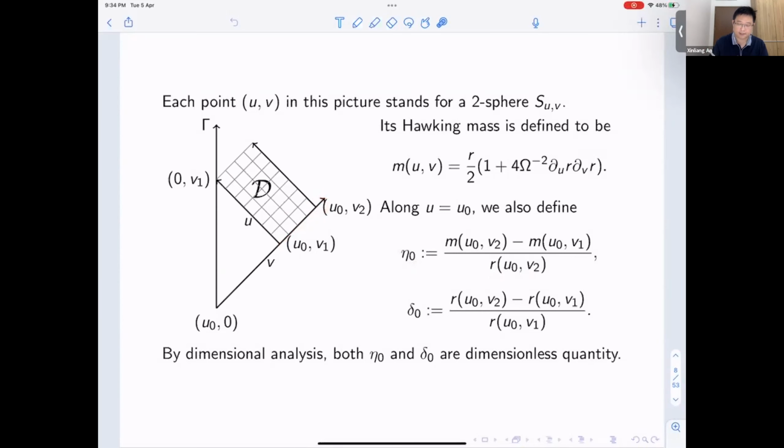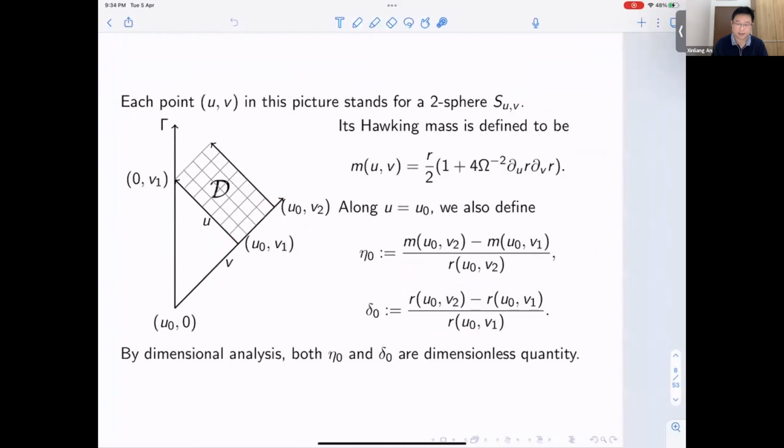Intuitively, this tells us how much mass is, on average, sent out from the incoming direction. We also define another dimensionless quantity, which is called delta_0. Delta_0 roughly tells us the change of the geometric shape. It is the difference of this radius over this radius, and this is defined here. Both eta_0 and delta_0 are dimensionless quantities.